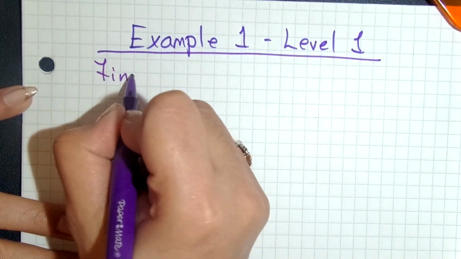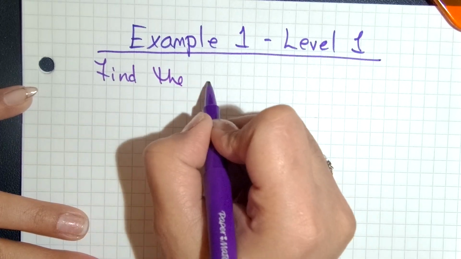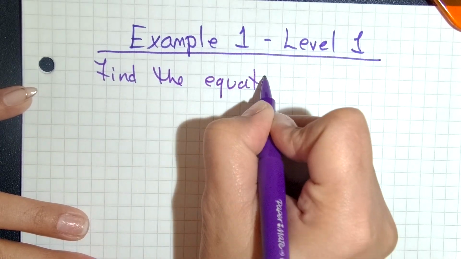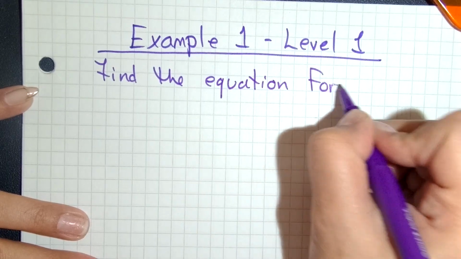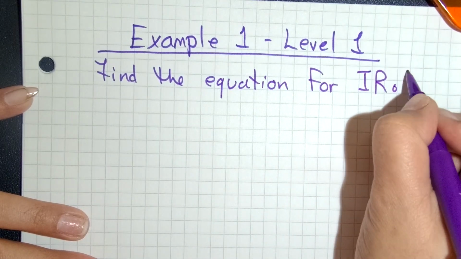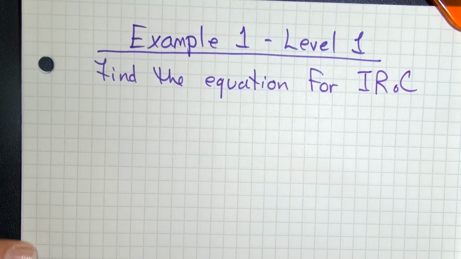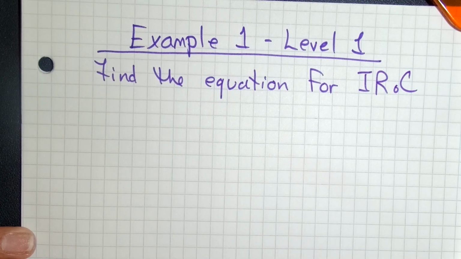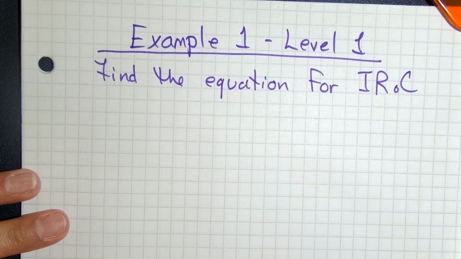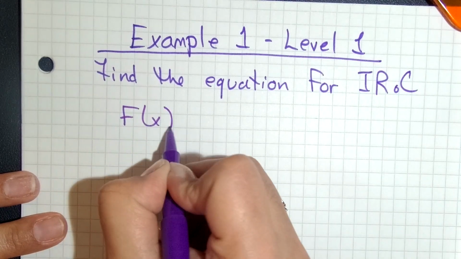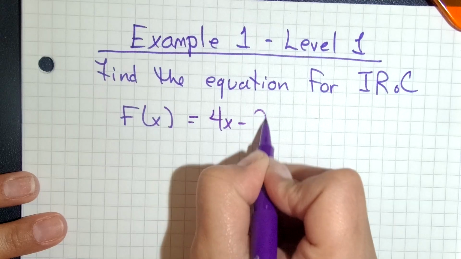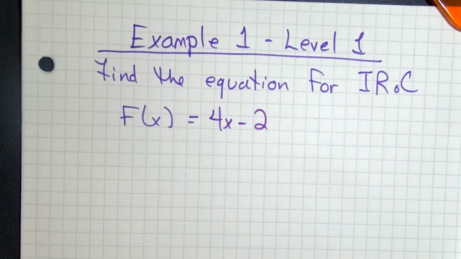We need to find the equation for the instantaneous rate of change given the function f of x is equal to 4x minus 2. Okay.